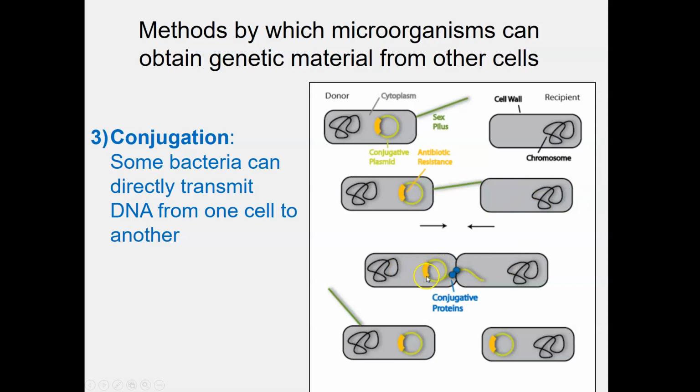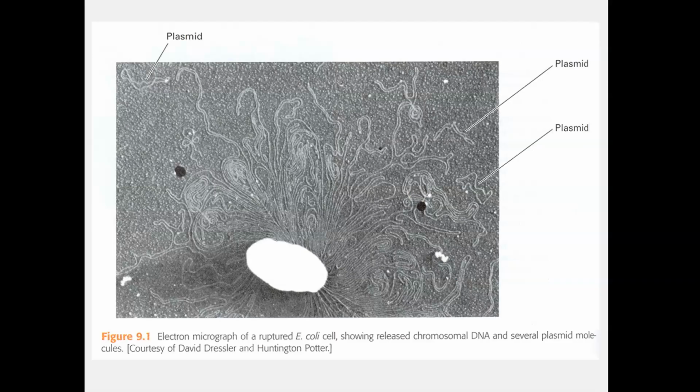And so not just the instructions for how to make the sex pilus, but any other genes that happen to be on that plasmid are now going to be transferred. And so now both bacteria at the end of this conjugation are each going to have the fertility plasmid, and they now will both be able to be donors and transfer the fertility plasmid onto new recipients.